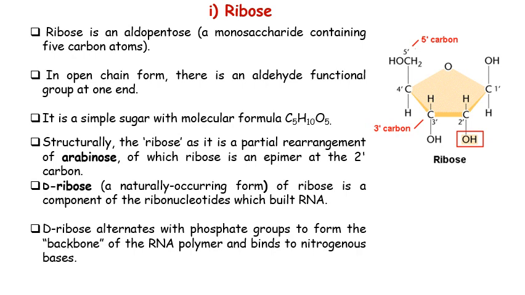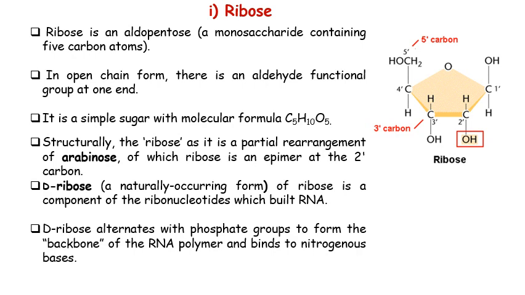Structurally, ribose is a partial rearrangement of arabinose. Ribose is very similar to arabinose, but they differ from each other at carbon number 2.